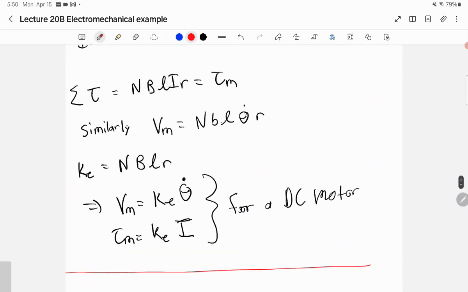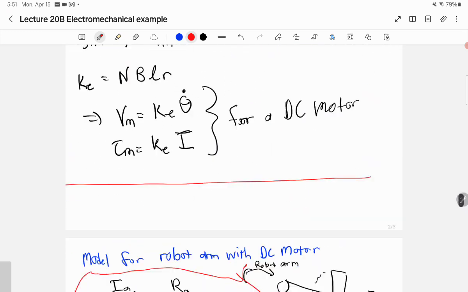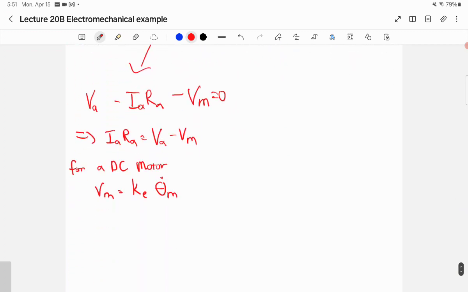We already determined this up here, that Vm is equal to Ke times theta dot. So for us, that's going to be the case. Oops, I don't want Ra, I want Ia, the current at the armature.